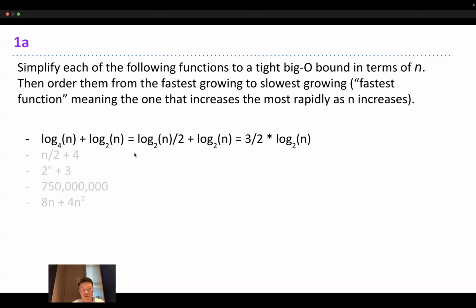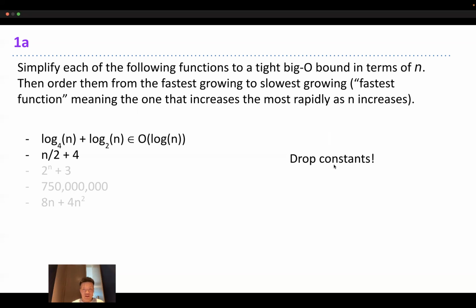So since we can convert any log base to any base, and we end up dropping the coefficients along the way anyways, we never really care about what log base it is. Logarithmic running time is always just going to be logarithmic running time, no matter what the base is. So the first one is order log n, which is pretty okay.